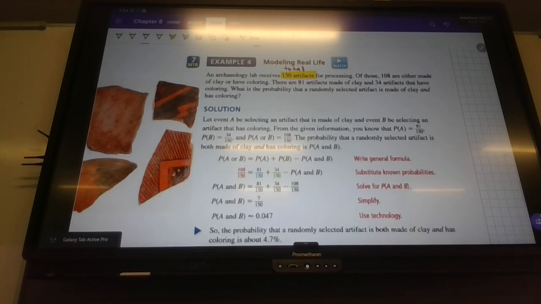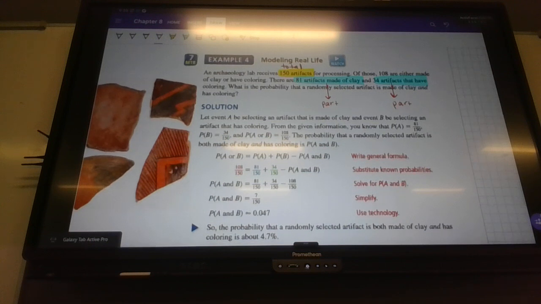Of those, 100 are either made of clay or have coloring. 81 are made of clay. So this is a part. We have a total and we have a part. 34 are made of coloring. That's another part.